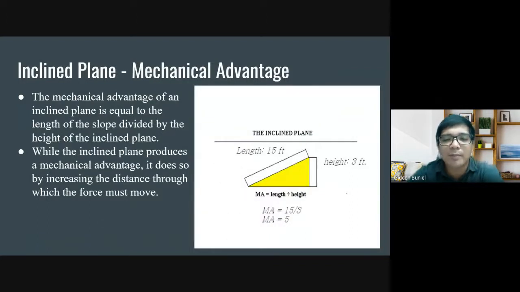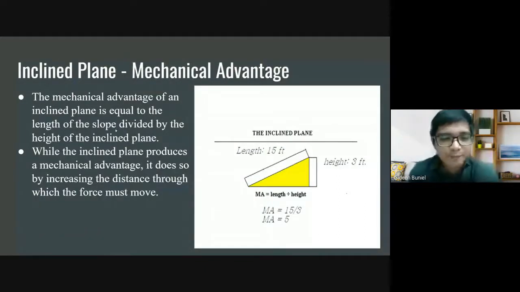Let's talk about the mechanical advantage. So let's just talk about the mechanical advantage of the different simple machines, so you will have an idea about it. Now, the mechanical advantage of an inclined plane is equal to the length of the slope divided by the height of the inclined plane.